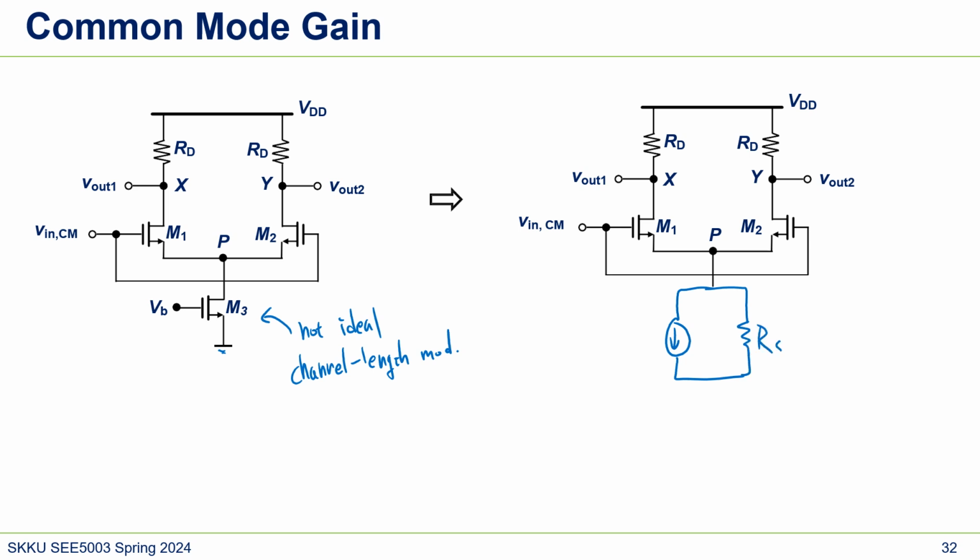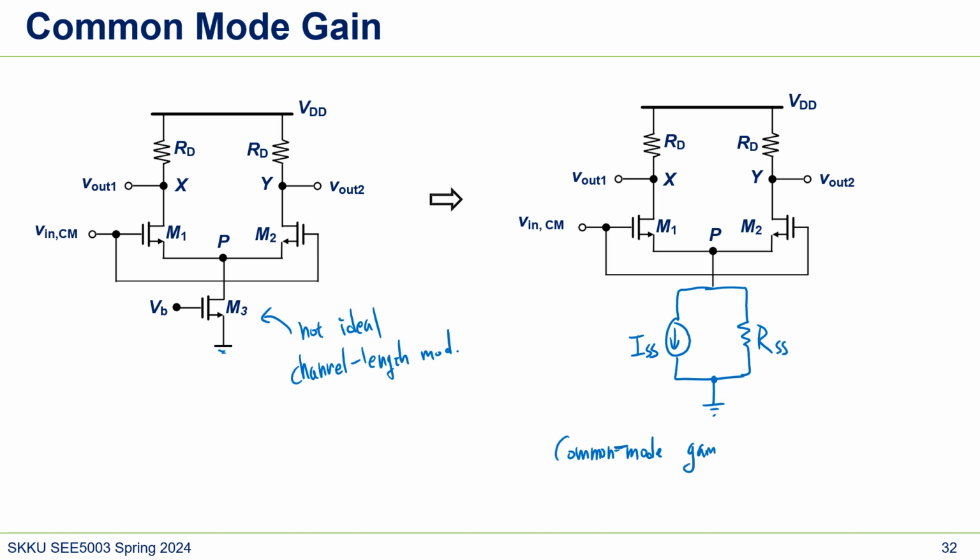That will be RSS, assume, and then this is ISS. So this is what we can write. If that's the case, then the common mode gain is not 0 anymore.